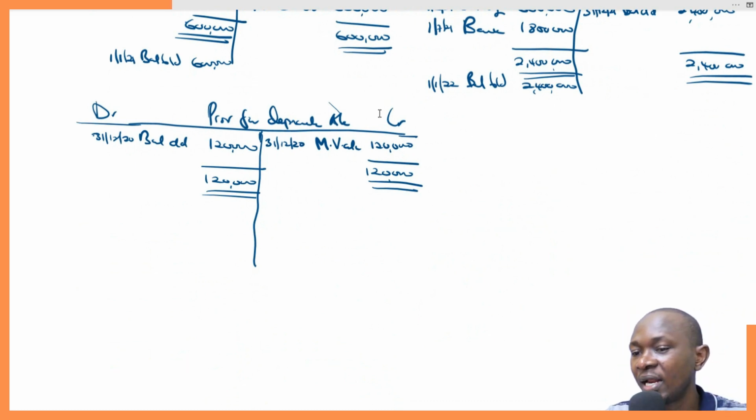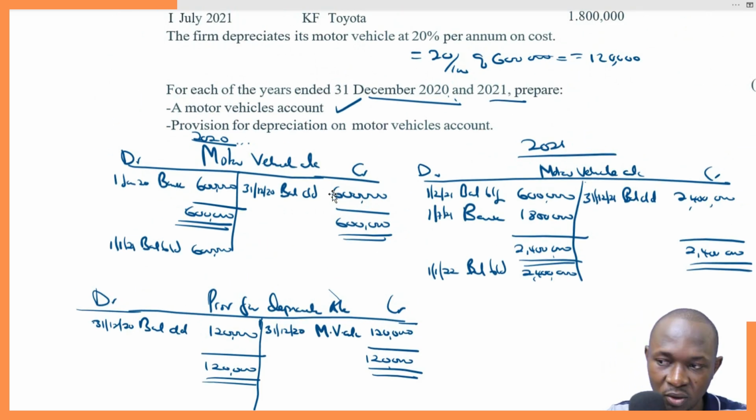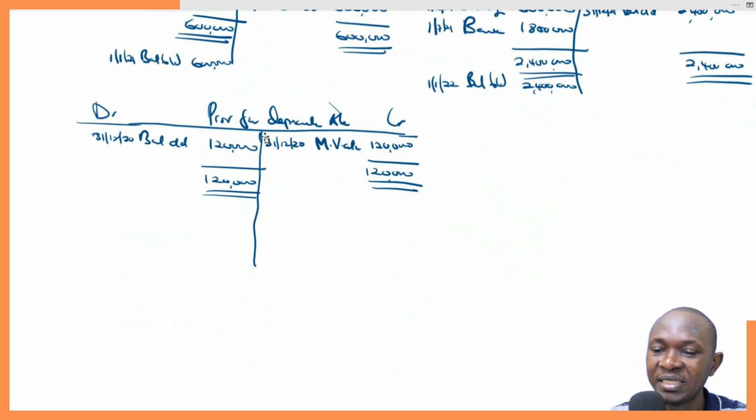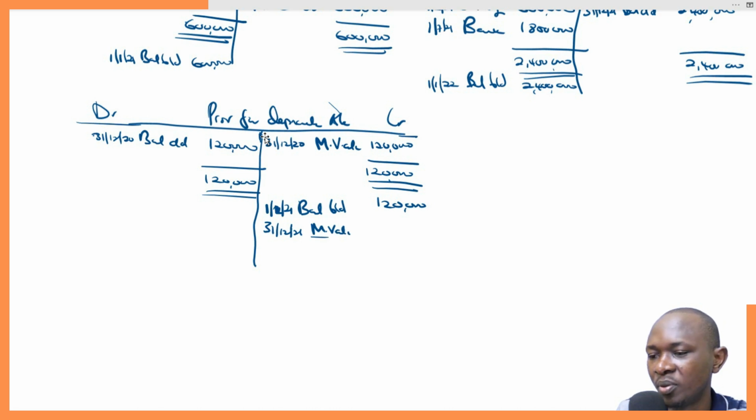So instead of opening another account for 2021, like we've done here for 2020 and 2021, you can as well just proceed and say 2021, balance brought down of 120,000. You see? And then now we calculate the depreciation for this year. Depreciation, motor vehicle account.